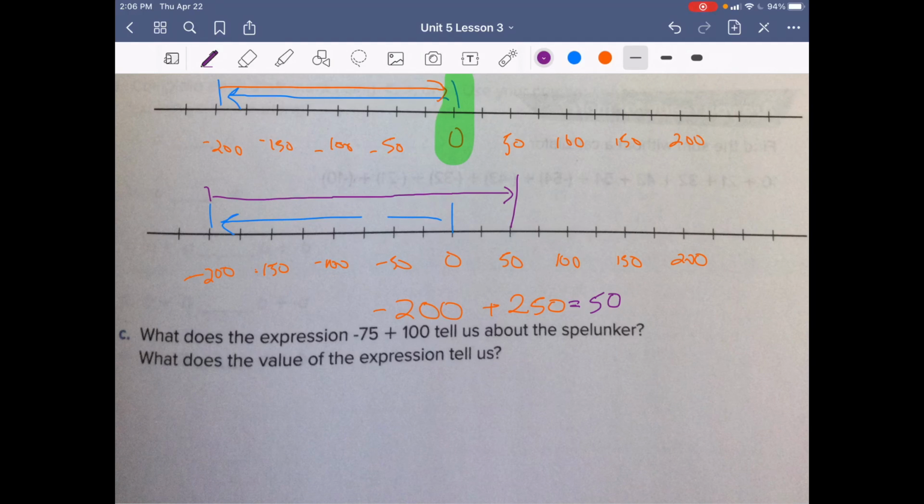Welcome back. So what does the expression negative 75 plus 100 tell us about the spelunker? Well, we know this first number here is going to represent our starting position. So the spelunker started at negative 75.